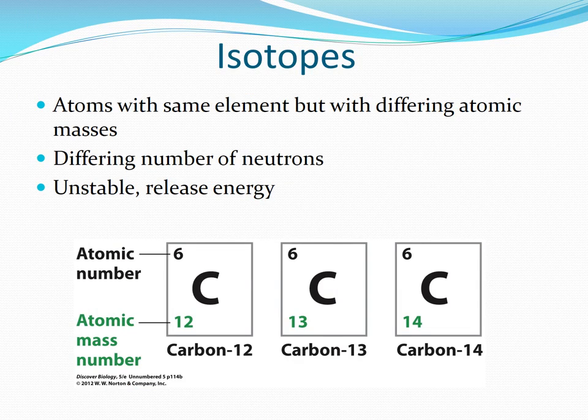This is looking at isotopes, and isotopes are atoms that have the same element, but they have different atomic masses. So what does that mean? Remember, atomic number is telling us the number of protons, and atomic mass number tells us the number of protons and neutrons. So what we're seeing here is that there are different numbers of neutrons in carbon-12 versus carbon-13 versus carbon-14.